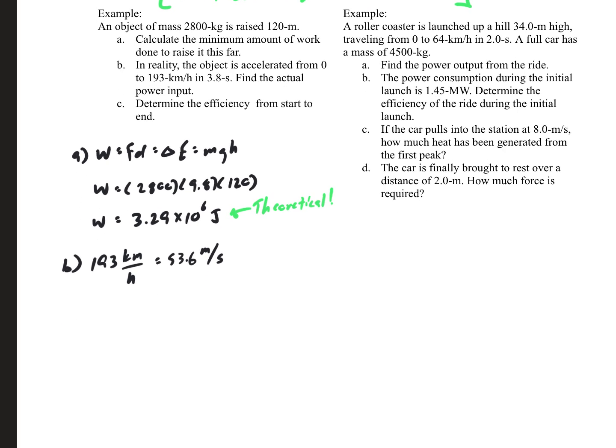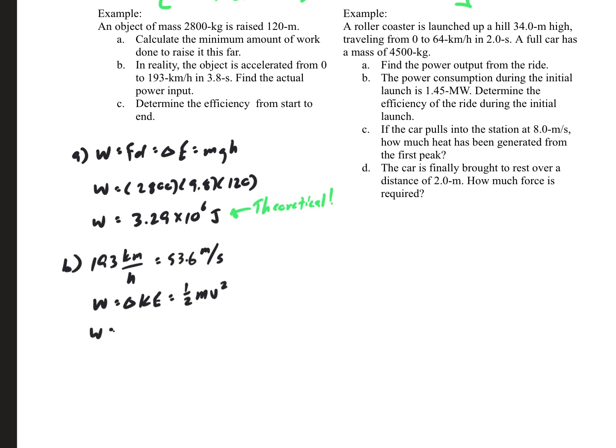The work done, in this case, is the change in kinetic energy in the system. It started from rest, so it only has a final, so I'm just going to use 1/2 mv squared. If you're getting confused on where that's coming from, let me know and hopefully we can clear that up.